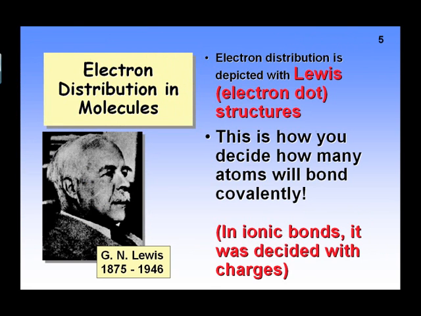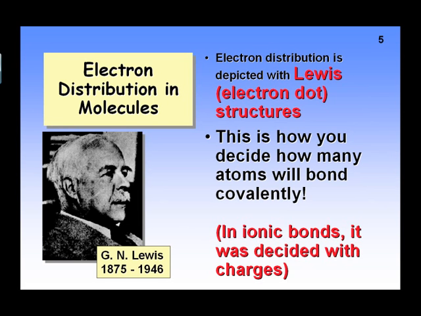Now, we will begin to draw covalently bonded compounds, and to draw them we're going to use something called a Lewis structure. This Lewis structure will actually help us to determine how many atoms will combine.